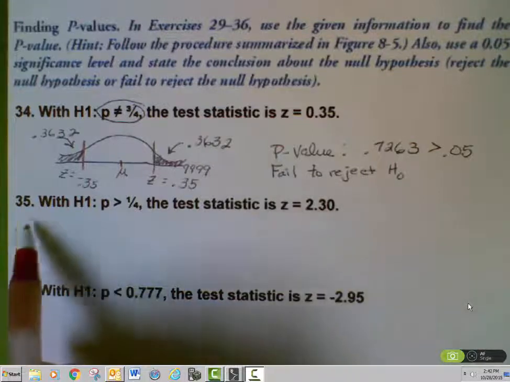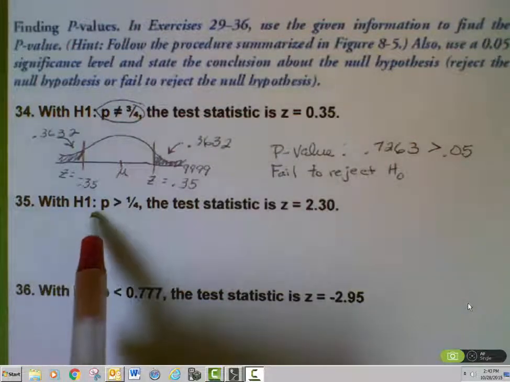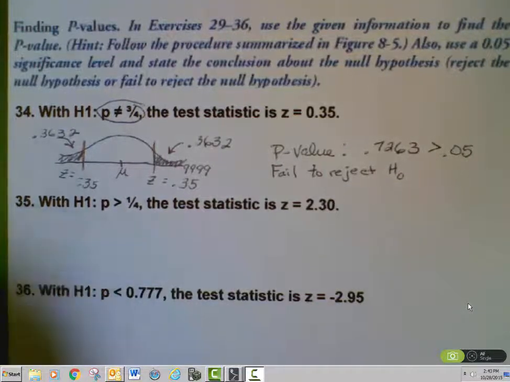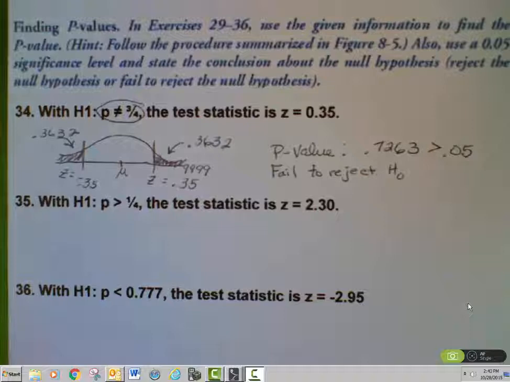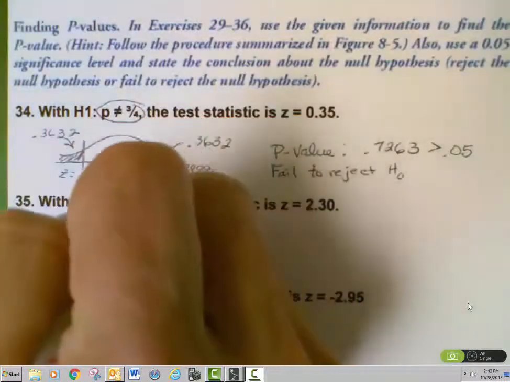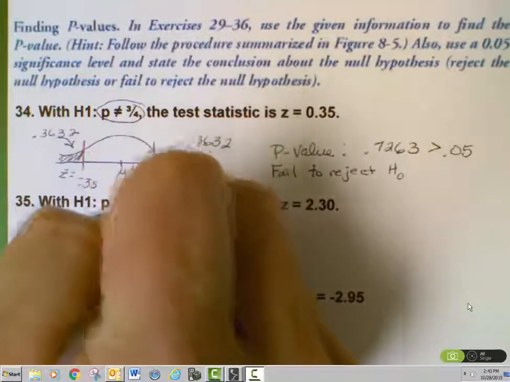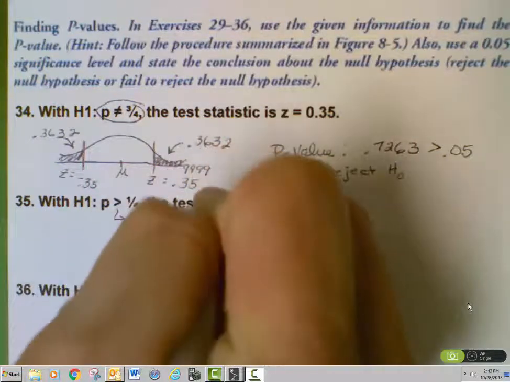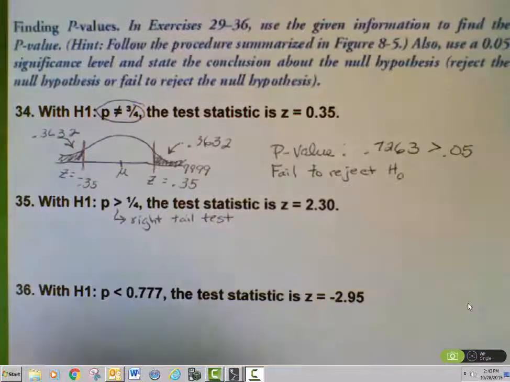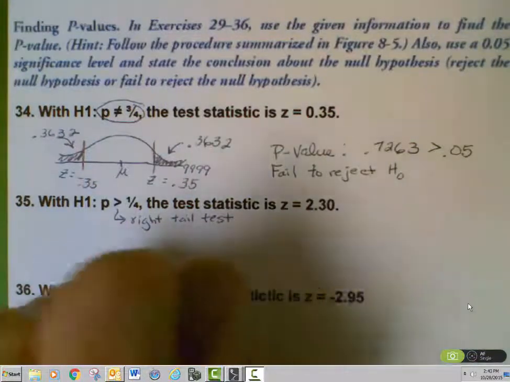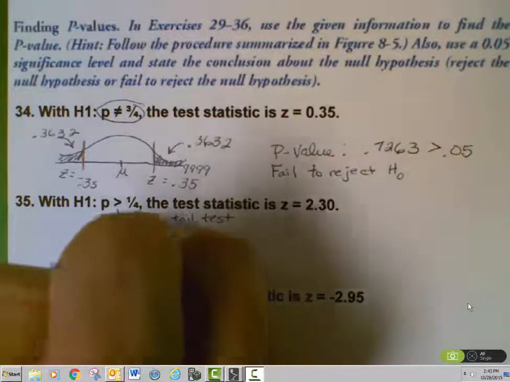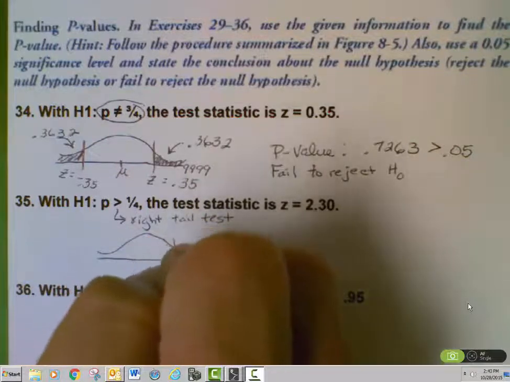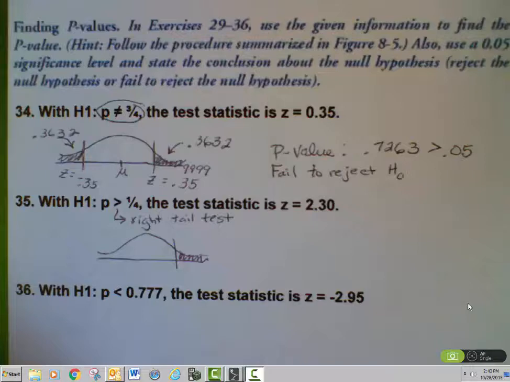All right, on number 35, the alternate hypothesis is p is greater than 1/4. Is that a left tail, right tail, or two-tail test? The greater than symbol pointing to the right means this is a right tail test. And so the p-value that we're looking for is the area to the right of the test statistic we're given.